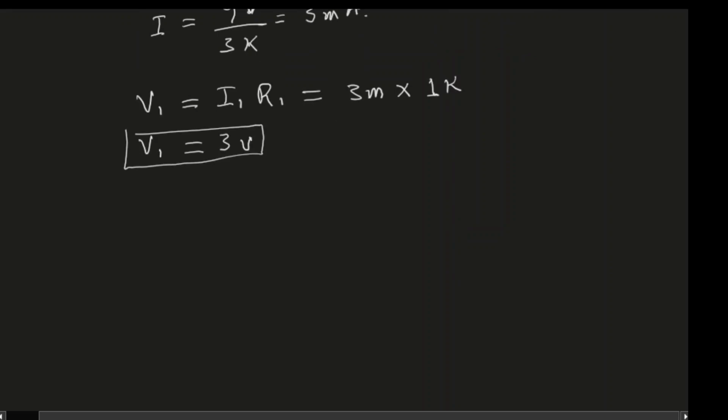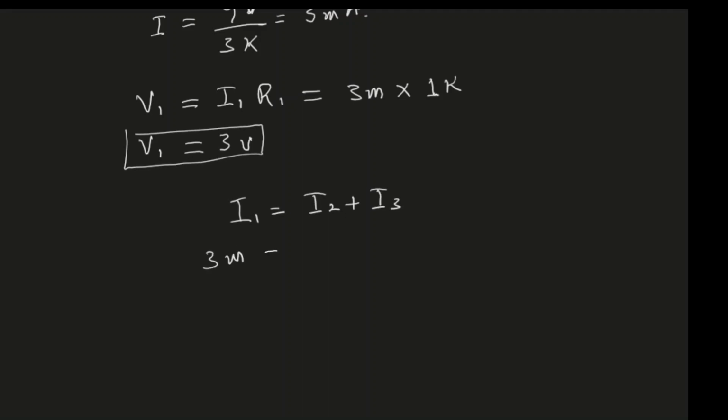So I can write my equation now that I1 was equal to I2 plus I3. I1 we found to be 3 milliampere. I2 is the voltage drop across that resistor divided by R2, and I3 is the voltage drop divided by R3, which will be V times 1 over R2 plus 1 over R3.